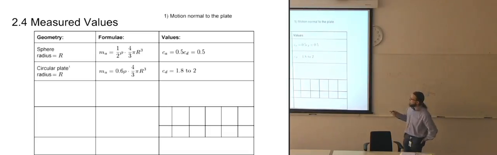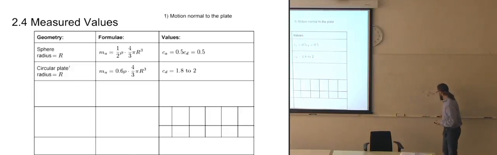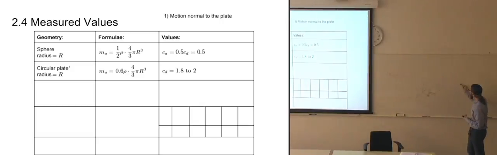Then we have a circular plate, and then we have a motion that is normal to the plate. So if our plate looks like this, our motion is going in these directions.